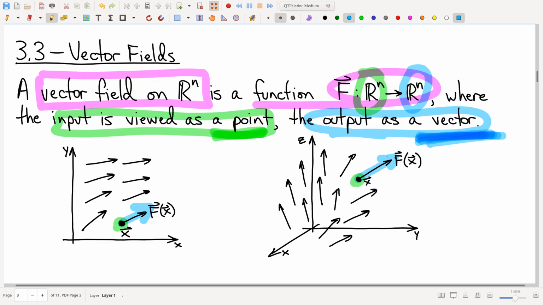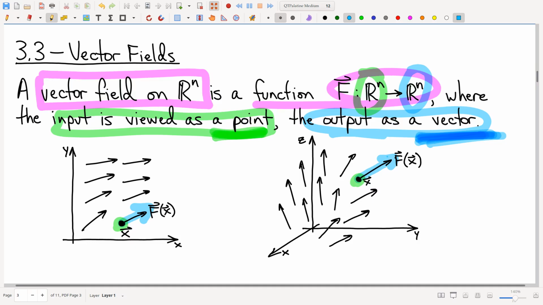But if you want to mathematically represent how a fluid is flowing, at every point in your space there's a direction that the fluid is flowing, and also a velocity or something along those lines that represents how much the fluid is flowing in that direction. Vector field, perfect tool for doing that.